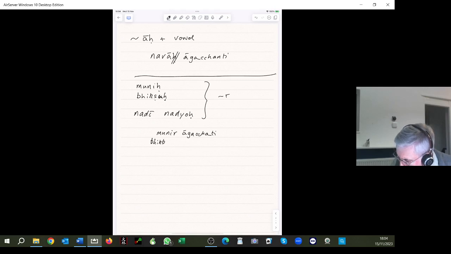Sorry, I need to write in Sanskrit, not Pali. Bhikshur agacchati. Of the two rivers there. Nadyor atra. So it's just the visarga changing to an r before the following vowel.